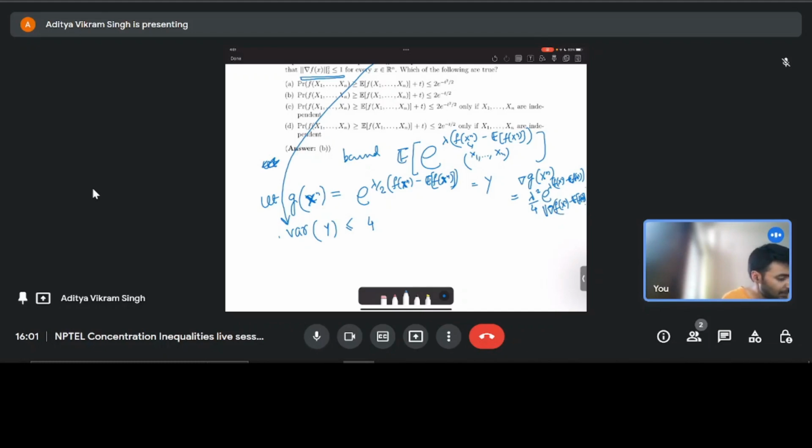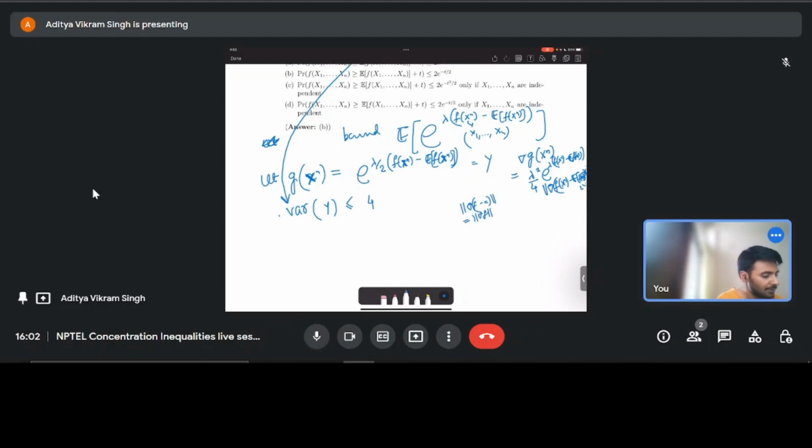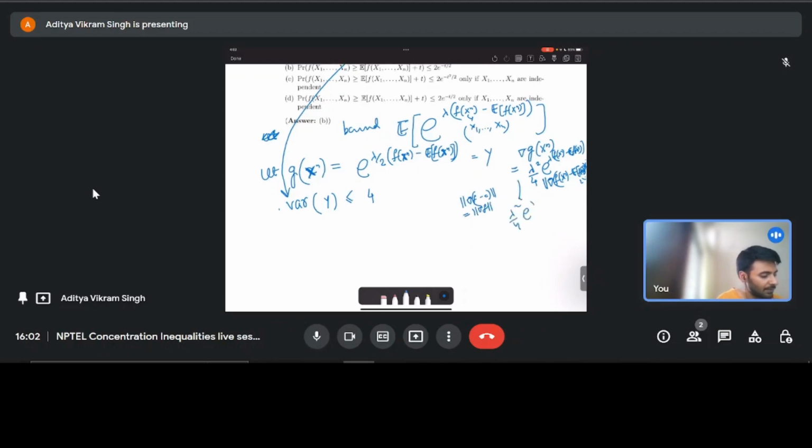I mean grad of this whole thing. So we are taking grad of some f minus a constant, and the derivative of a constant is 0. So this is just basically the norm of the gradient of f. So this is lambda square by 4 e power lambda whatever, and then grad of f of x, the whole square. We know that this is less than 1, which is given to us.